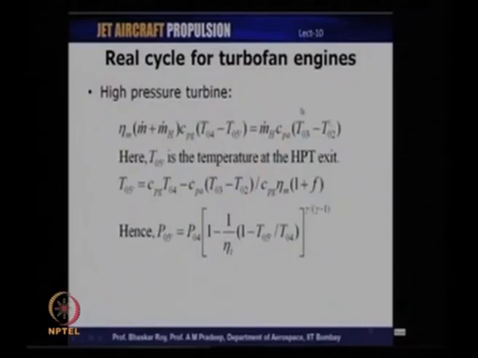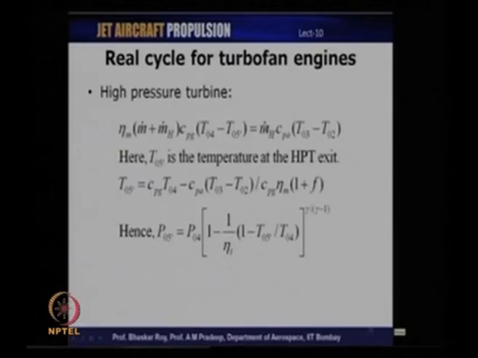So, in the case of an HP turbine, the work done by the turbine will be equal to the work required by the compressor, and so we have the mechanical efficiency multiplied by the HP turbine work, which is equal to (mass flow rate m dot a, which is the mass flow rate of air, plus m dot f, which is basically the mass flow rate of fuel) multiplied by Cpg into (T04 minus T05 prime).